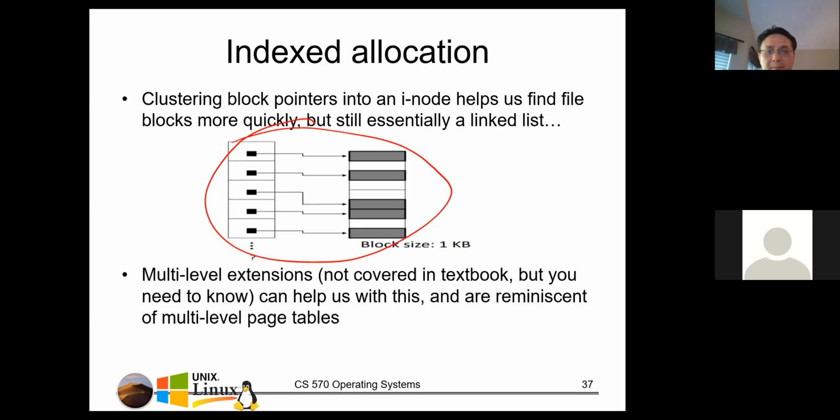For example, it needs 64 megabytes just for describing a file of 16 gig.